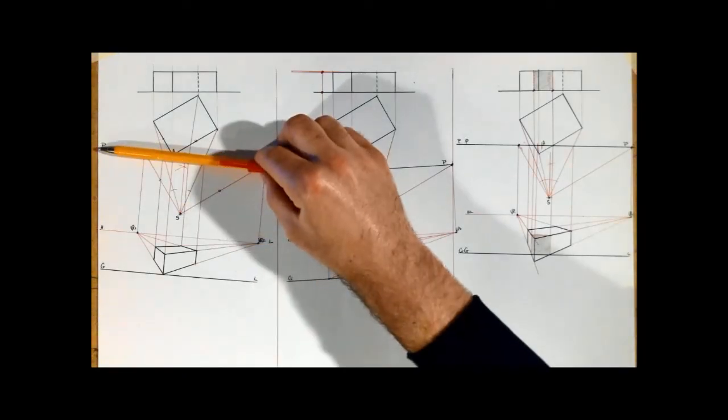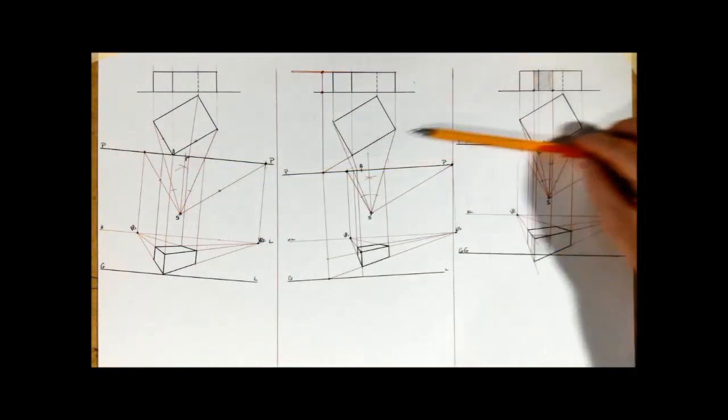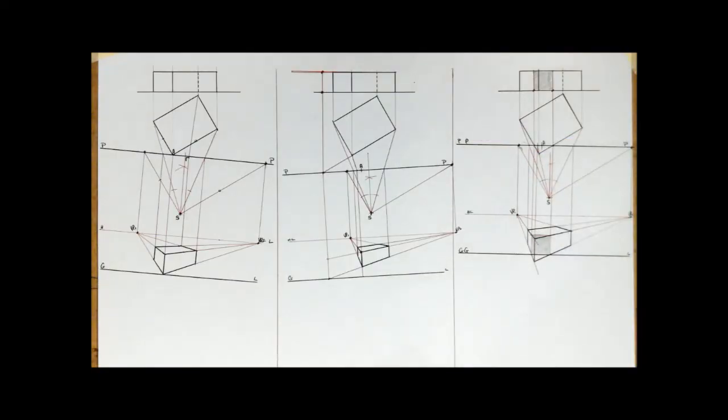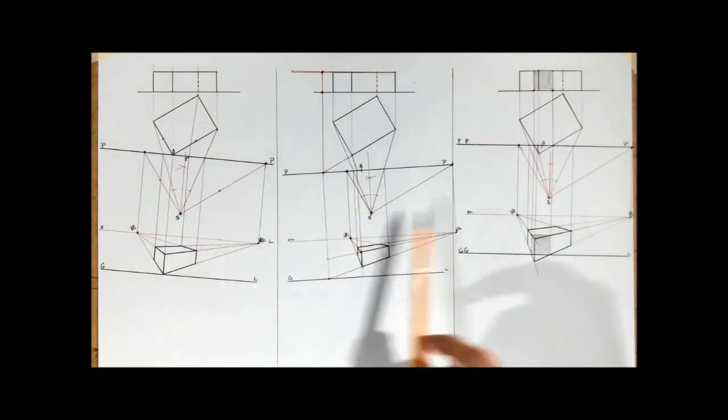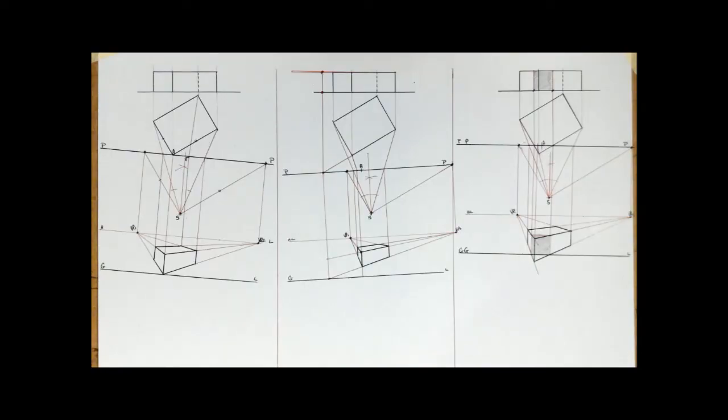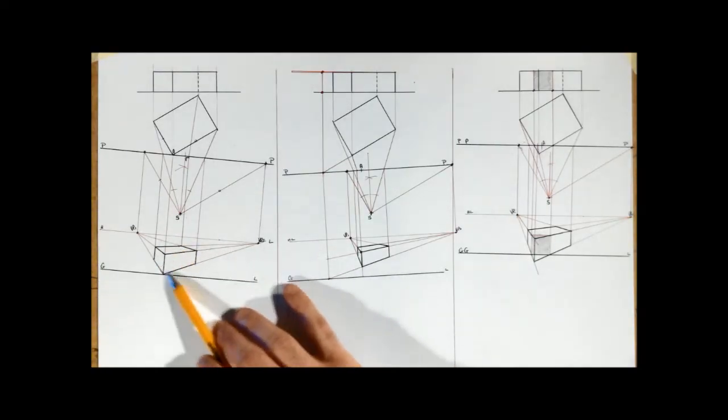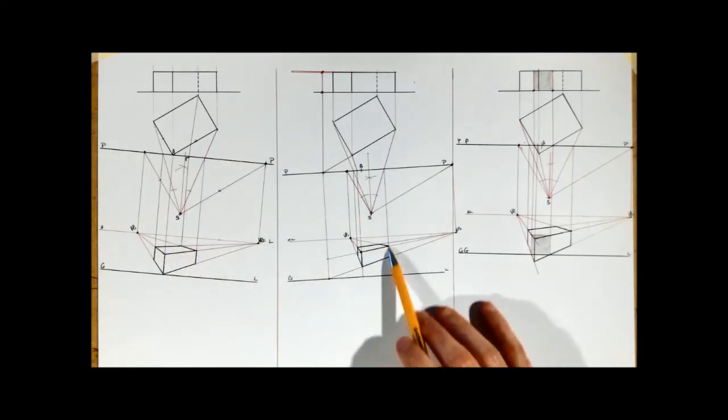Okay, so as you can see, the picture plane was like this, to this, to this. Every one of them was a little bit different, and every spectator was slightly different as well. Okay, and because each of them were slightly different, each of them generates varying results.